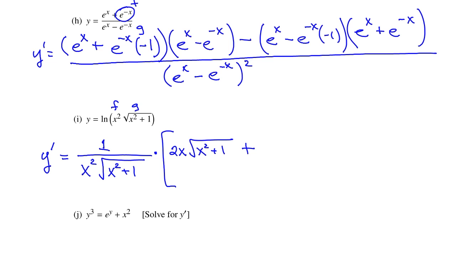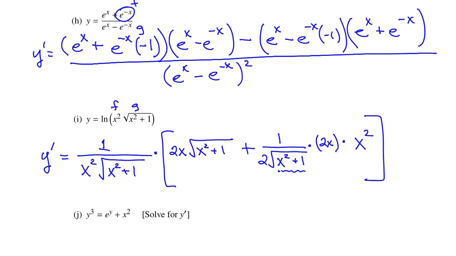Now g is another composition and requires a chain rule on its own, because it's the derivative of the square root function, which is 1 over 2 square roots of, and then the inside stays the same, multiplied by the derivative of the inside, so it's the derivative of this x squared plus 1, and then you take that and multiply it by the original f, which is x squared. And that is the complete derivative.